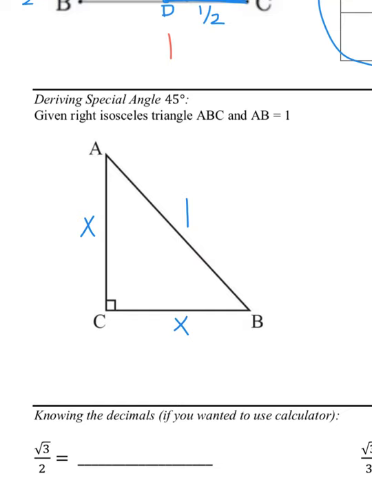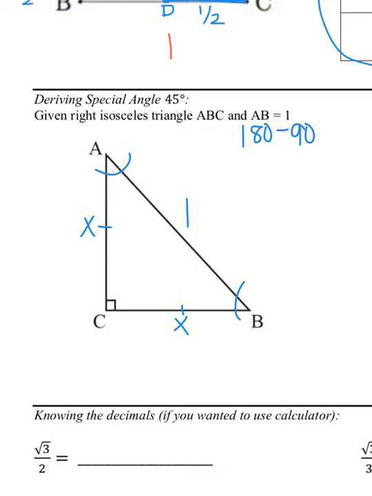So now the other thing, you might remember from your geometry teacher or even your Regents exam, the sides that are the same have the matching lines. So if BC had 2 lines on it, that meant it was a different length. Because AC and BC are the same length, that means the angles opposite them also have to be the same. So this angle here and this one here also have to be the same. Because they all have to add up to 180, you might even remember, 180 minus the right angle is 90.